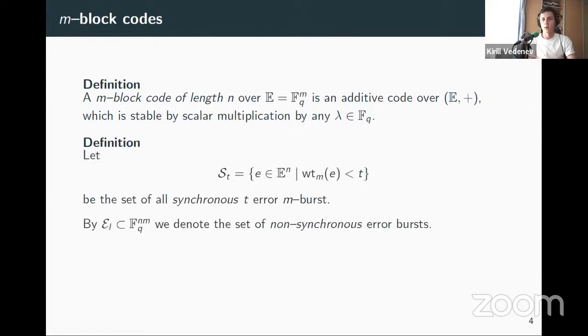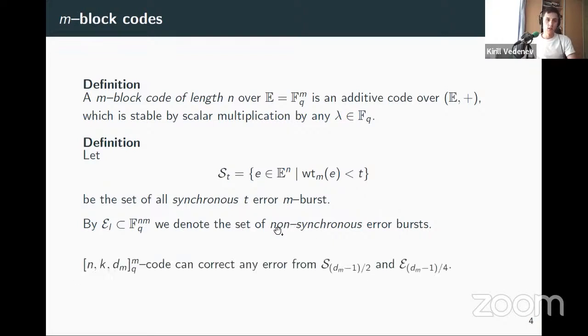We can define the block Hamming metric, and m-block codes are of particular interest due to their ability to correct error bursts. By S we define the set of synchronous error bursts, and by E we denote the set of non-synchronous error bursts. And it is well known that an m-block code can correct any error from this set, and any synchronous error from this set, and any non-synchronous error from this set.